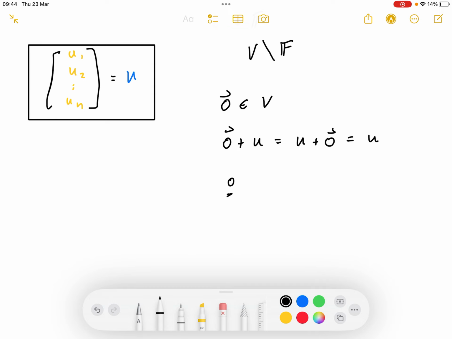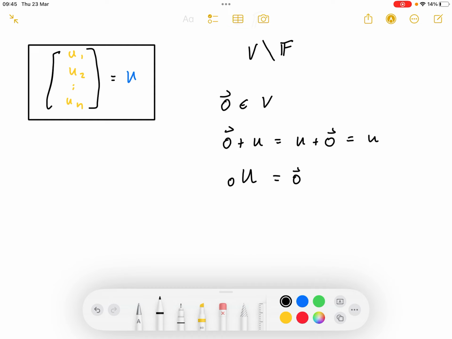This 0 over here is just a number 0. Every field has a 0, and this is the 0 I'm talking about. So if you do 0 times u, then you get the 0 vector. So if you multiply a vector by the number 0, then you get the 0 vector.